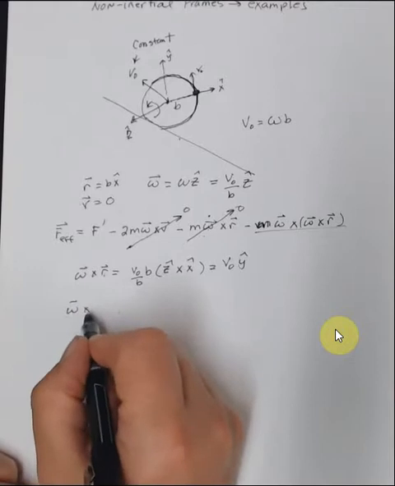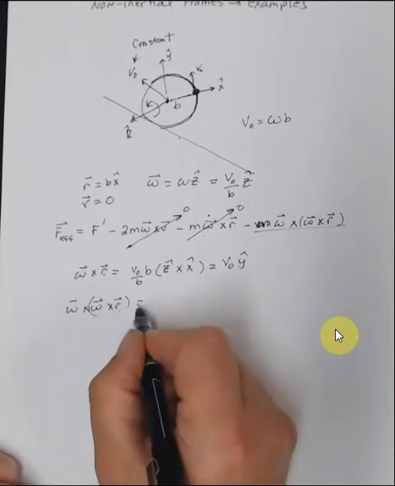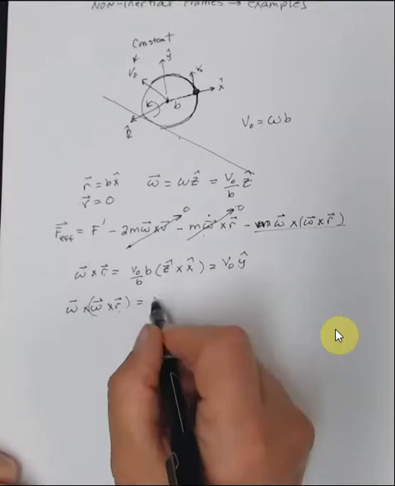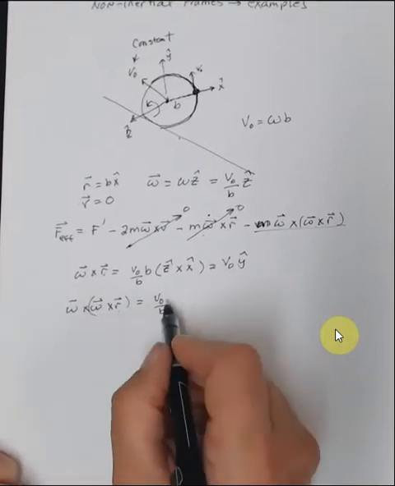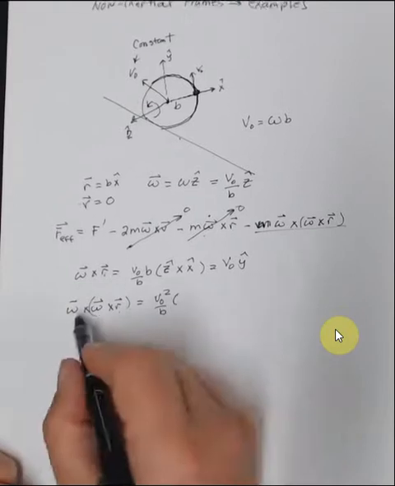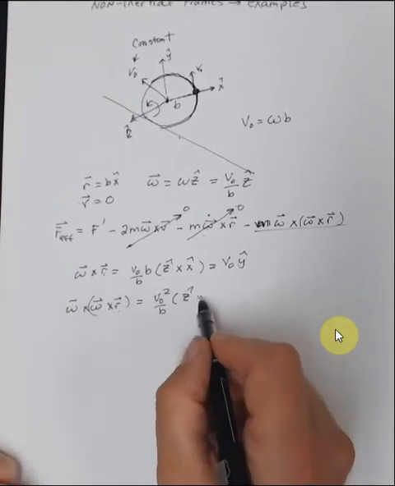Then omega cross (omega cross r): omega is v naught over b, and this was v naught, so I have a v naught squared. Omega is in the z direction, and this was in the y direction.